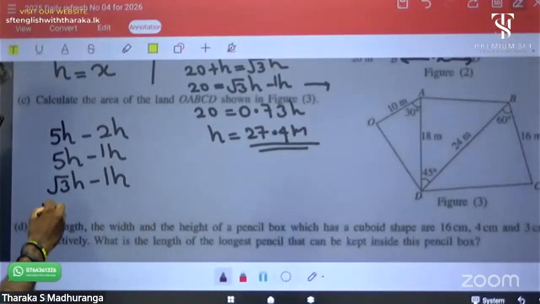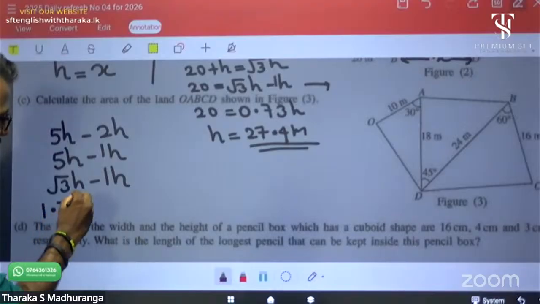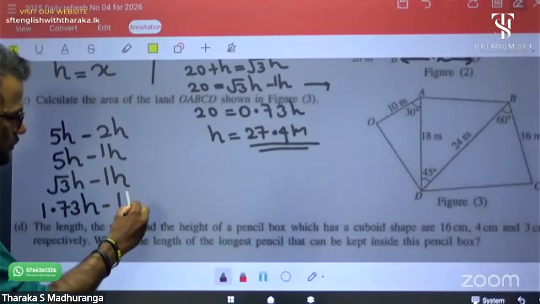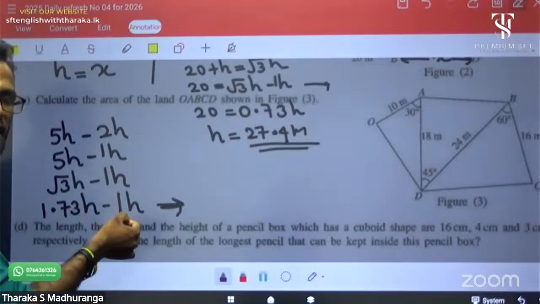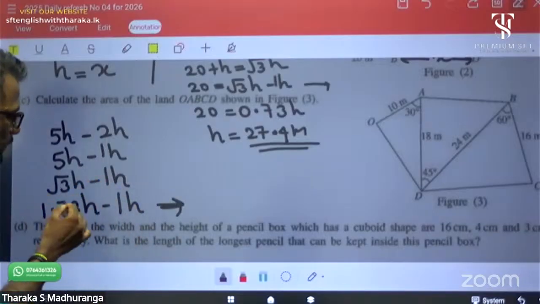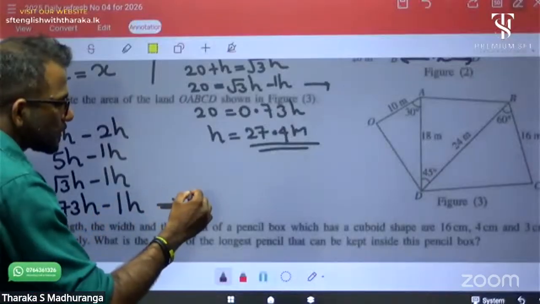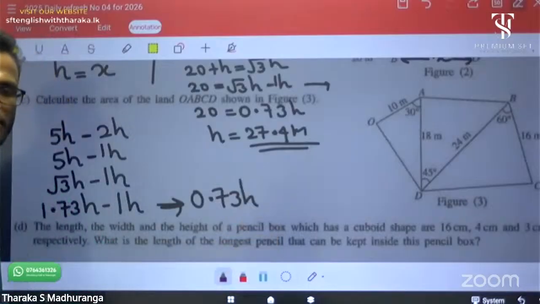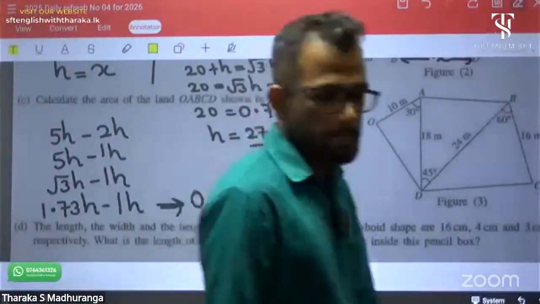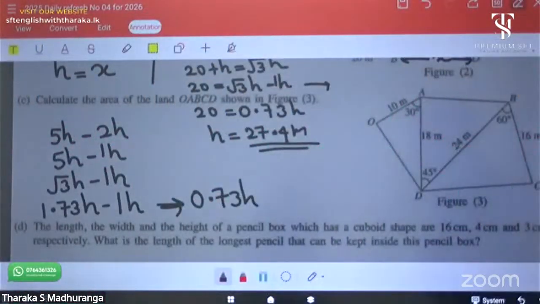If we take the value of root 3, it is 1.73h minus 1h. Then what is the value? 1.73 minus 1, it is 0.73h. Understood? Yes. Now note.